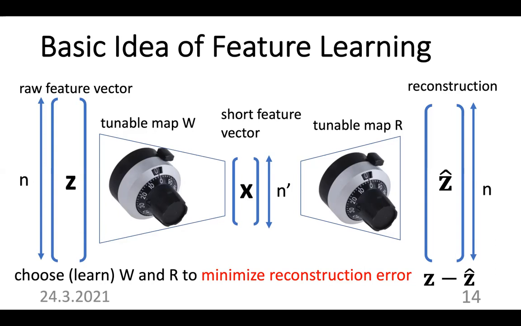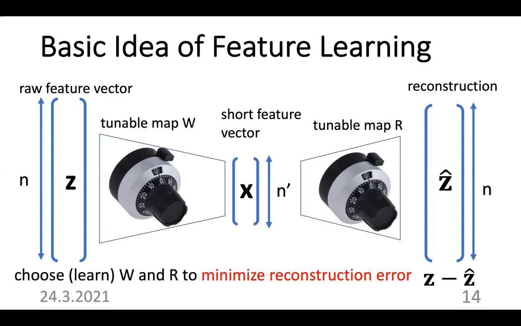In which component of machine learning did we work with maps? In the model, because what is the model? How did I define the term model? It's a large set of different hypothesis maps.